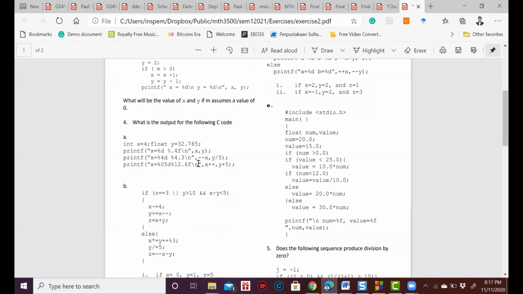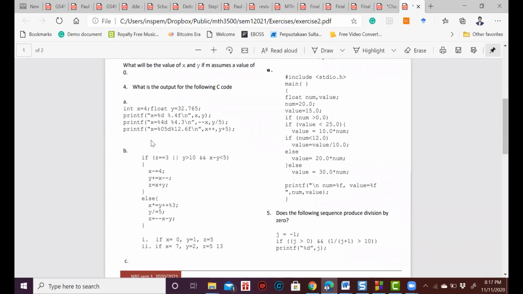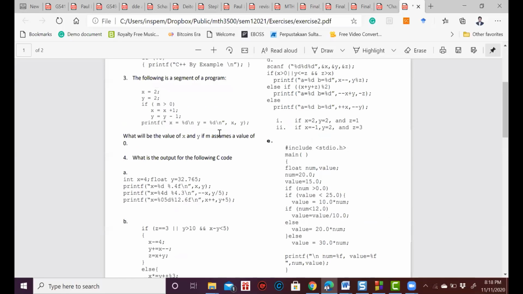Okay, number 4. What is the output? Who can straight print the value? Sorry, doctor, but before number 4, if M equals 0, what is the value of X and Y? X equal 2 and Y equal 1?